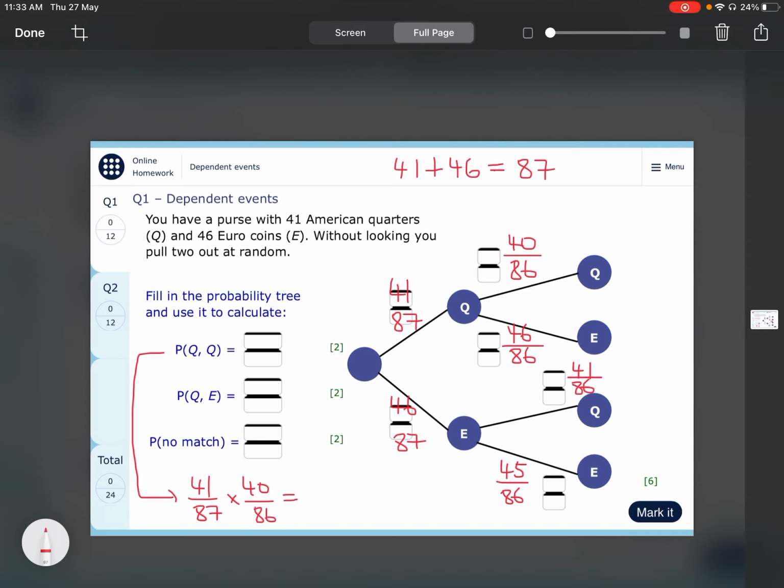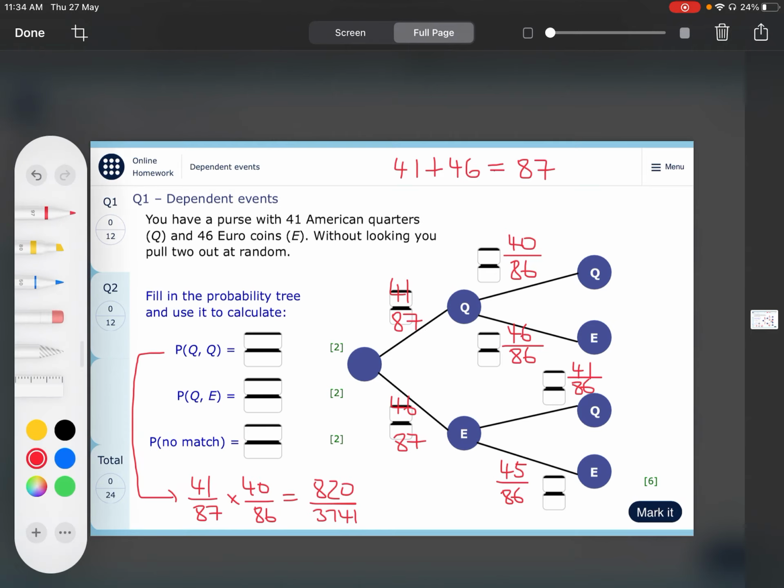And if you put that into your calculator, because you're allowed a calculator for these types of fractions, that gives you an answer of 820 over 3,741. So it's quite a large probability, and that's why the fraction box is big enough for you to enter these numbers. So that would be QQ.